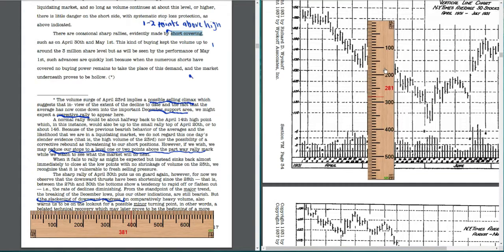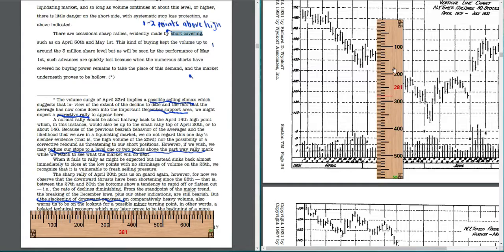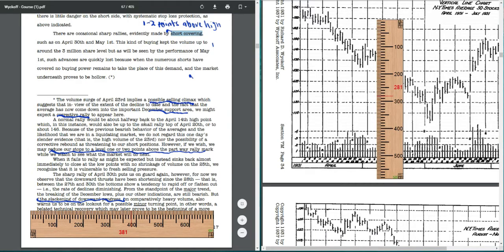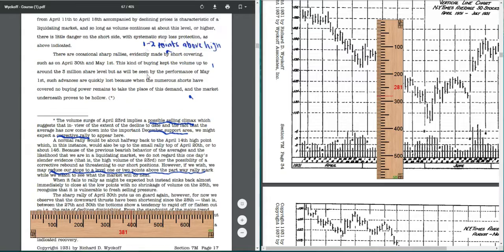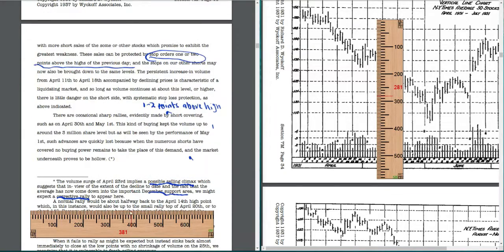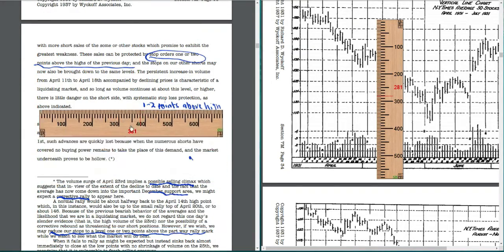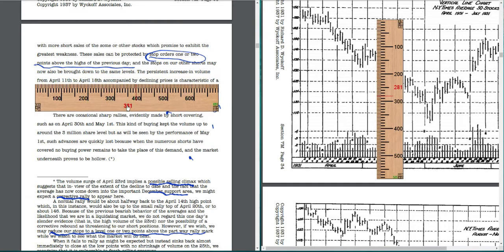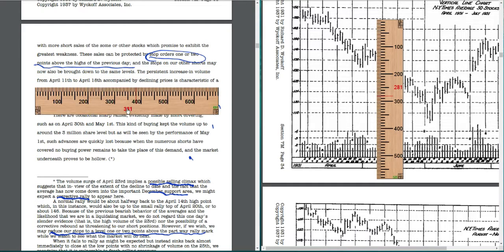That short covering is followed by lack of follow-through, which makes you think that yeah, it is short covering, and it gets tested on very little volume, which means it's not going to work. I mean, the long side is not going to work. Not enough pressure, and not the persistent increase in volume from April 11th to 18th.